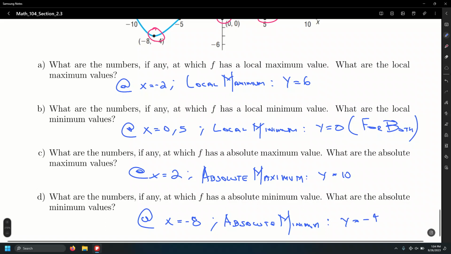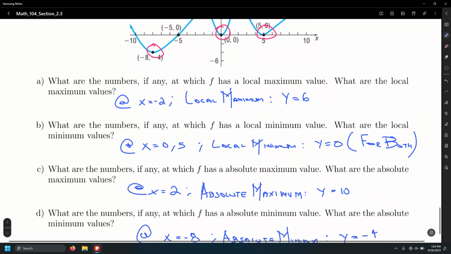Again, it's just to identify these ordered pairs from the graph. Of course, when you get to calculus, you are going to solve this problem in a different way. Some of you might have already taken calculus in high school, so you know what to do. You will be given a function. You will have to find the derivative of the function, set it equal to 0 to find the critical values, and then construct a behavior table to show the intervals where the function increases and decreases.